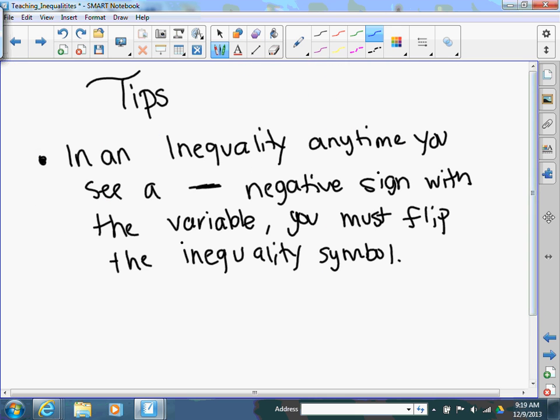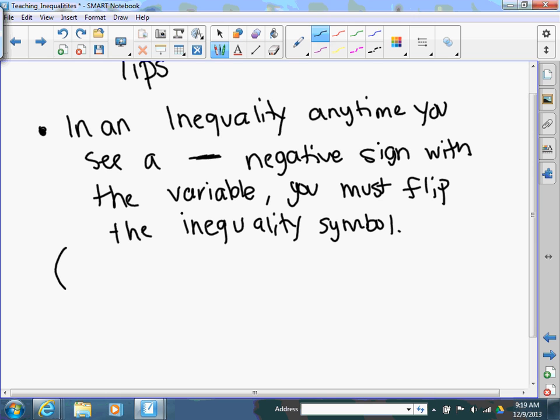Go back to your tips. Put multiply or divide by a negative. That's when you're going to flip it.